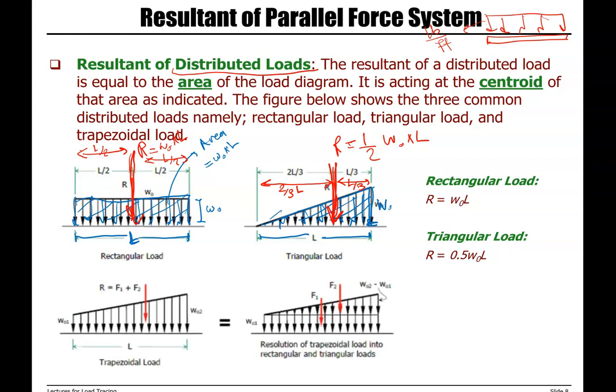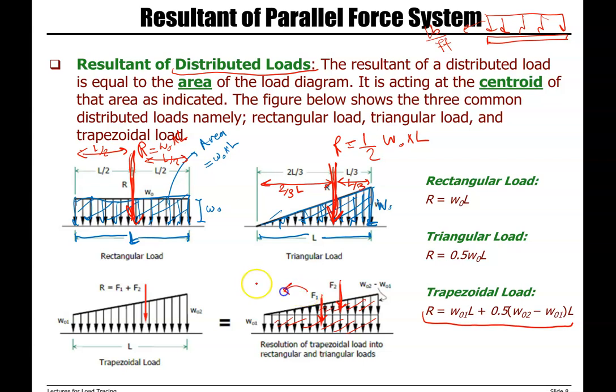The third example is a trapezoidal load. We can use the formula to calculate the area of a trapezoid, or we can say that we have 2 resultants, one in the shape of a triangle and the other a rectangle.